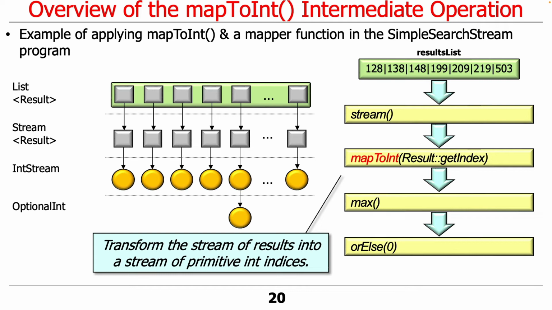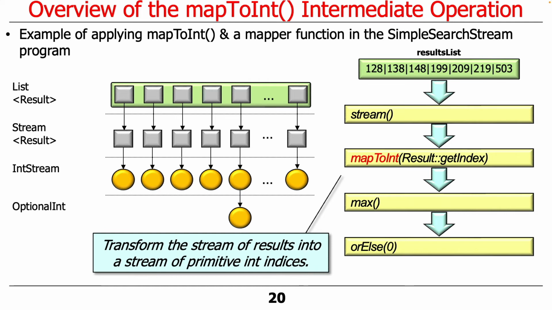In this particular case, we're going to take a list of result objects, which keep track of where the indices occurred for the various words that we found. We're going to convert that list into a stream, and then apply mapToInt, passing in a method reference, where we're going to end up with a stream of ints coming out of this.